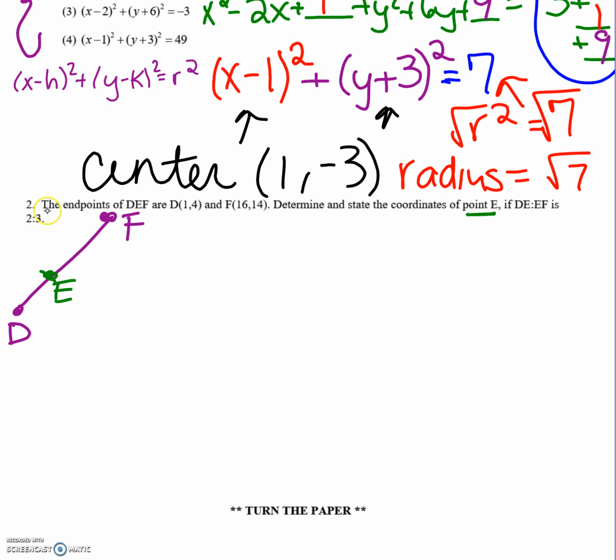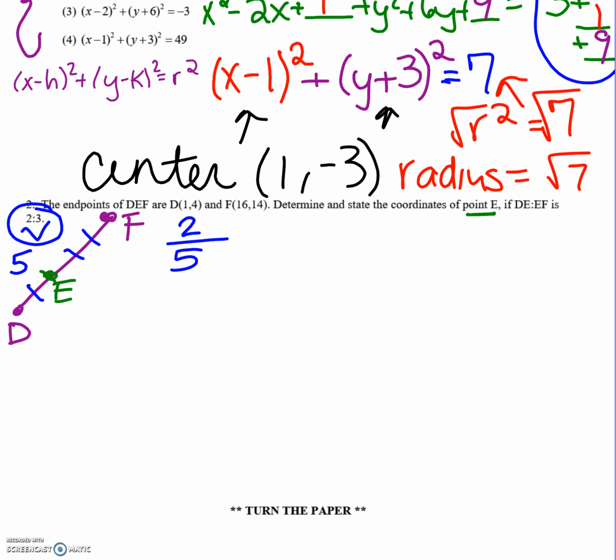Not 2/3, sorry. 2 to 3 ratio. So I want to break D to E into 2 parts, and then E to F should be 3 parts. So whenever I see that ratio, I'm going to write 2 to keep it 2 parts of the way out of a total of 5. I take 2 plus 3 and I add them.